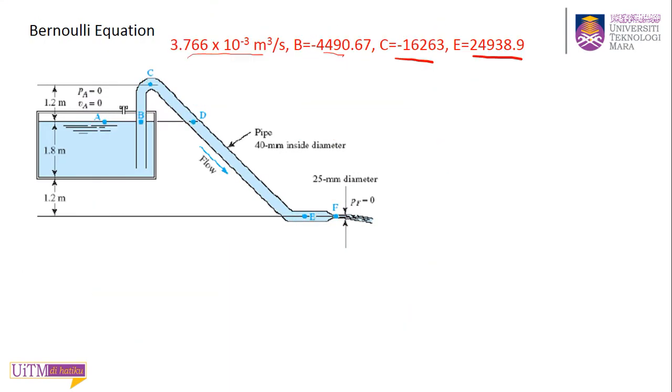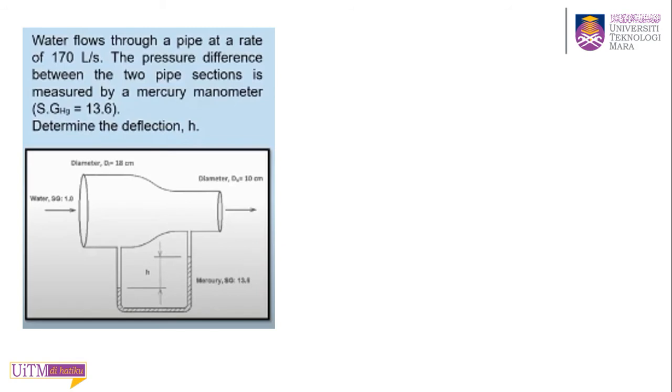Okay, now we look at the second example. This is more or less a venturimeter. Water flows through a pipe at a rate of 170 liter per second. Look at the unit, it is liter per second. You need to change that to meter cube per second for your flow rate.